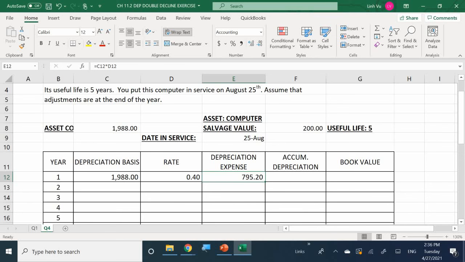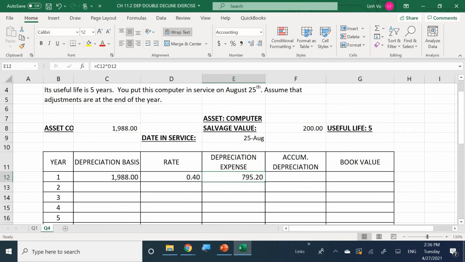Yes, 4 months out of 12, if you simplify, is 1/3 of the year. So you have the option here. You can take this $795.20 and divide the whole thing by 3 because it's only 1/3 of the year old.